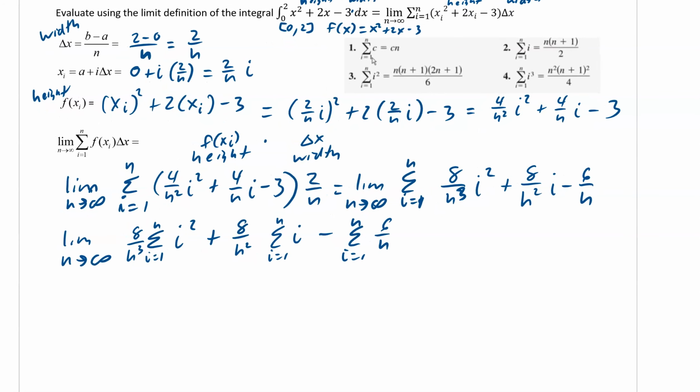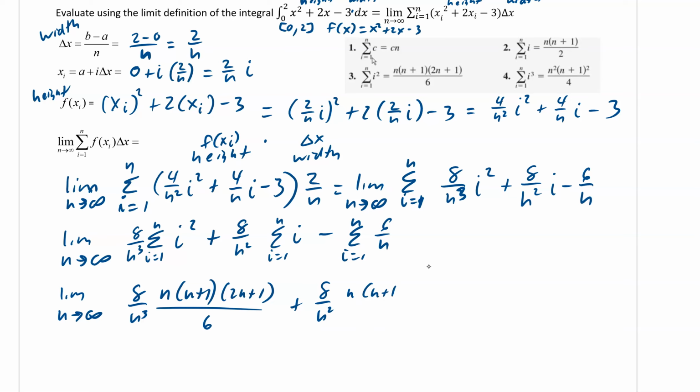So the first one is an i squared, so this is the limit as n approaches infinity of 8 over n cubed, and then it would become the i squared one, which is n plus 1, 2n plus 1 over 6, plus 8 over n squared, n plus 1 over 2, minus, and then that one's just a multiply, so we multiply it by the n.